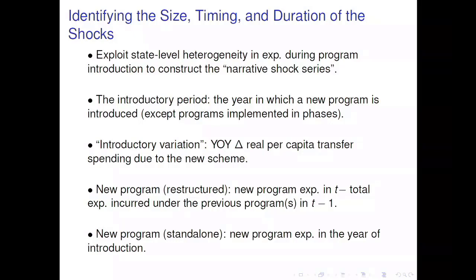And what do we take as the introductory variation? It's the year-on-year change in real per capita transfer spending due to the new scheme. In the case of a new program which is restructured in the sense that it's enveloping older inefficient programs, the way we calculate the size of the shock is by doing new program expenditure in period T for a particular state minus the total expenditure incurred under the previous program in T minus 1.